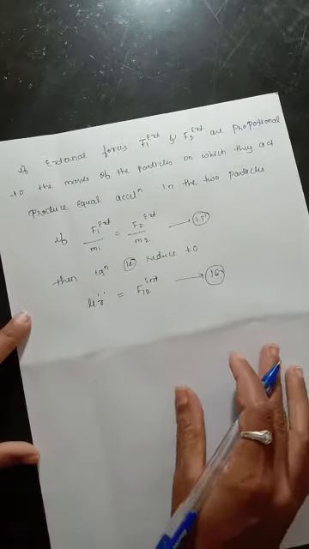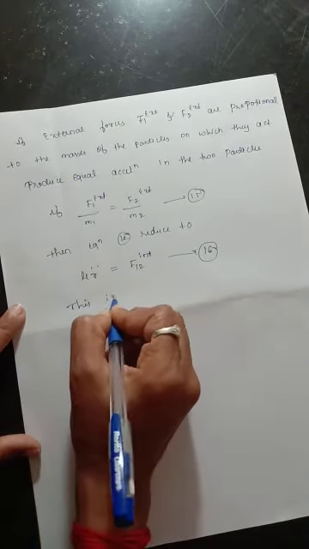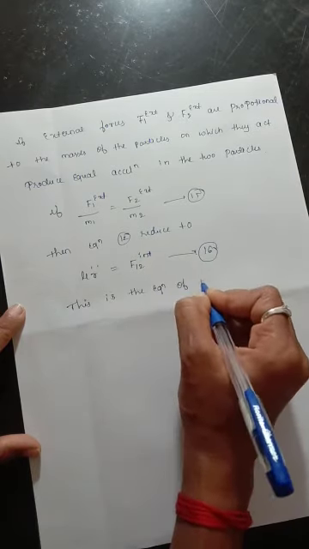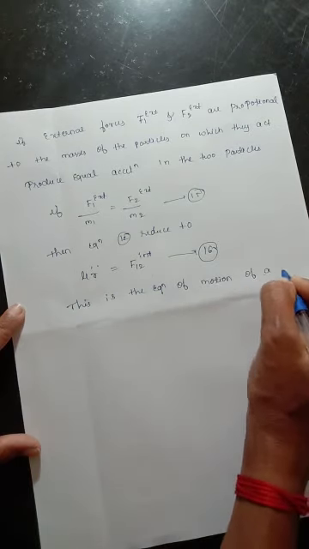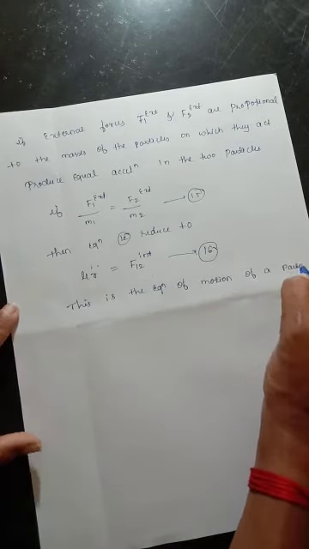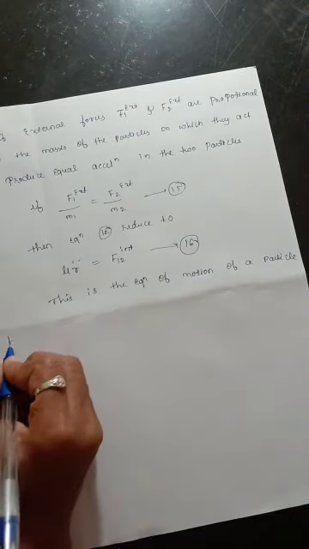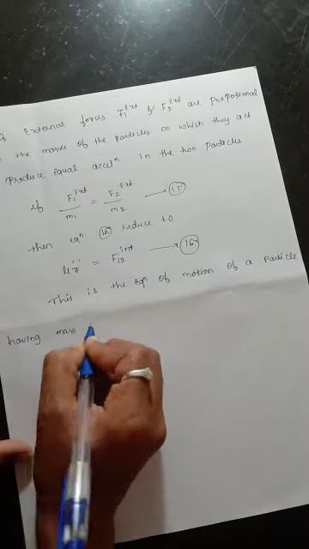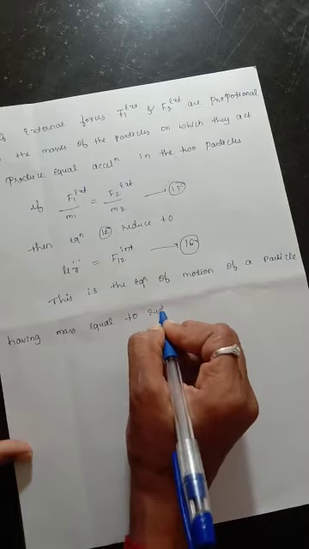This is the equation of motion of a particle having mass equal to the reduced mass.